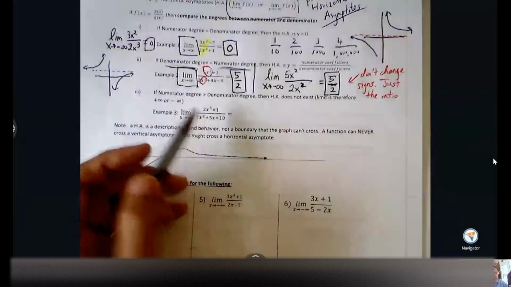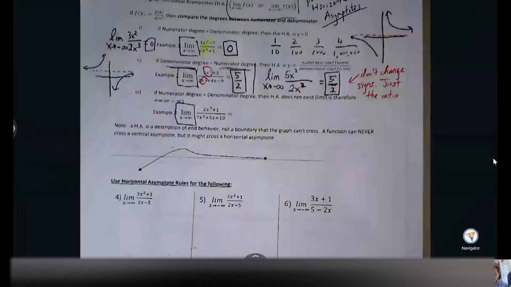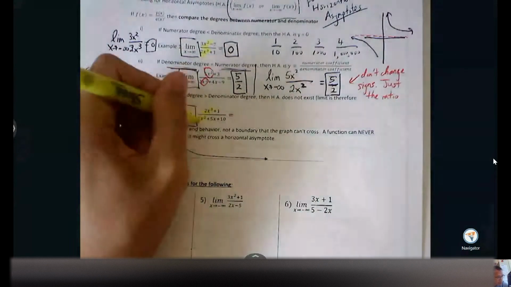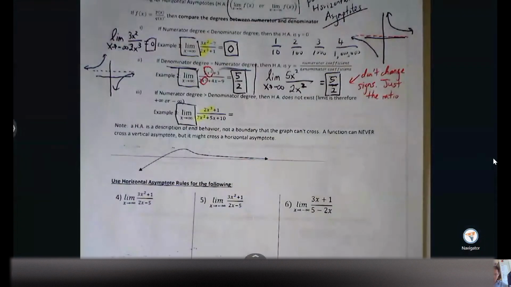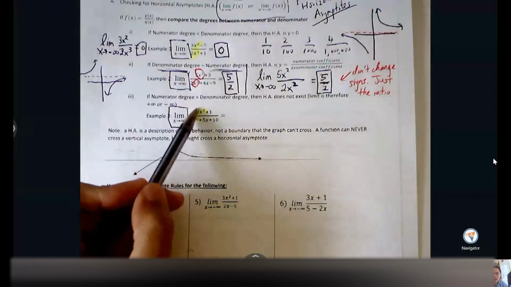Okay, third scenario. Again, limit as x approaches infinity. We look at the degrees. Numerator here is greater than the denominator.